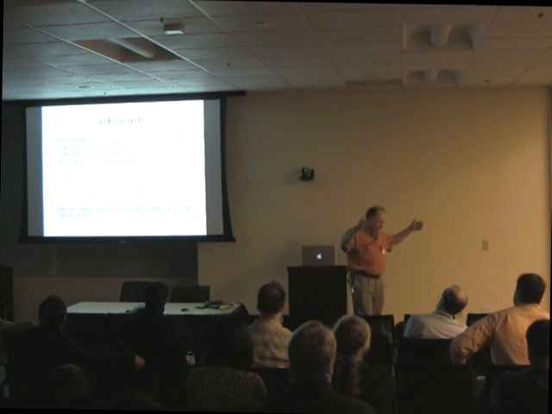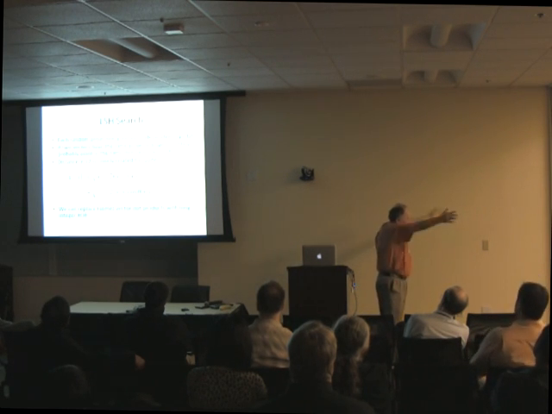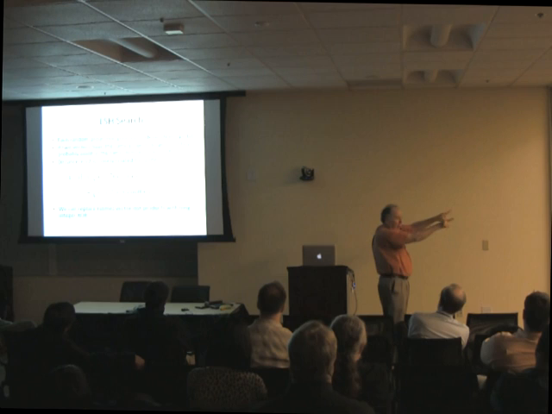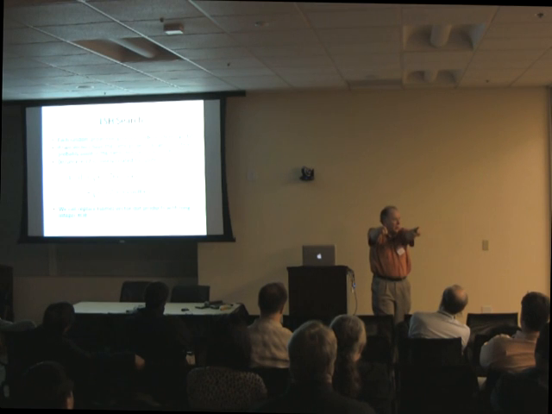Now, if I define a projection in a half plane that way, things that are pointing the same direction and are near each other have a high probability of being in that same half space. Because it's only if they were just right on the edge that they would be on opposite sides.